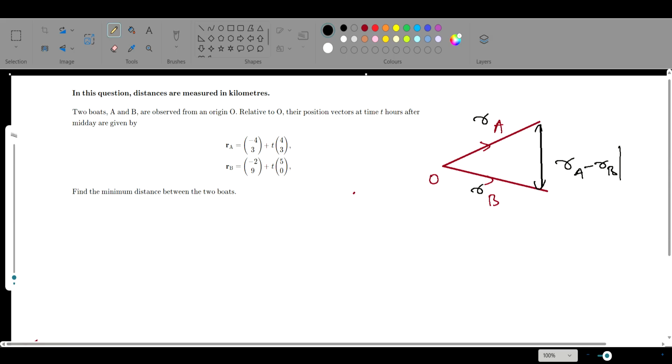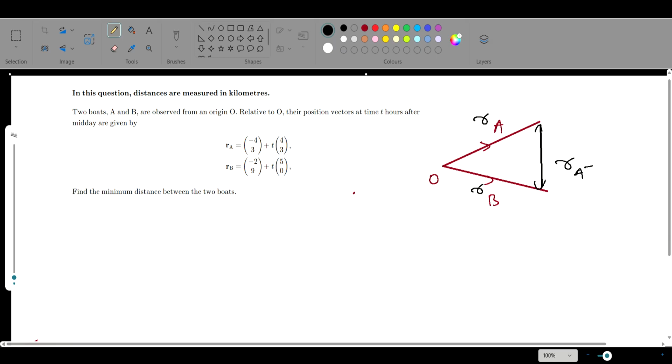Ra minus Rb will represent the distance. Say I'm going along the Ra and then in the opposite direction of B. That's how we make the vector.